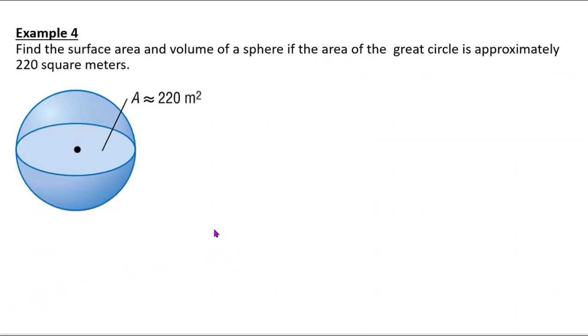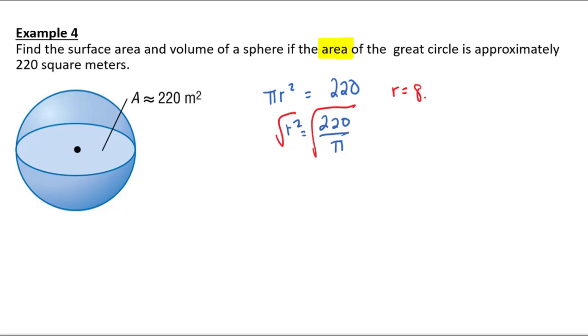Next example. Find the surface area and volume if the area of the great circle is approximately 220 square meters. So they give me an approximation, so let's get decimal approximations for everything. The formula for area of a circle is pi r squared. Well, that equals 220. I do 220 divided by pi, and then I square root everything, and I get this exact answer in my calculator. So r ends up equaling 8.37.